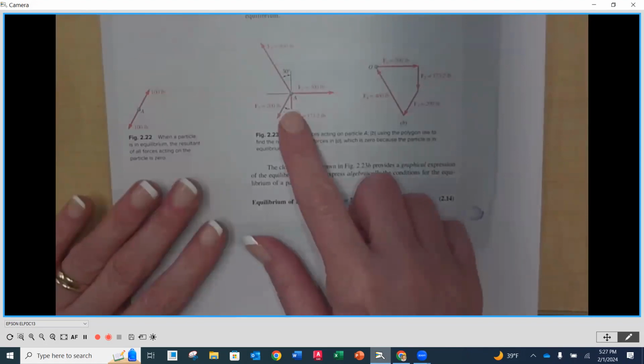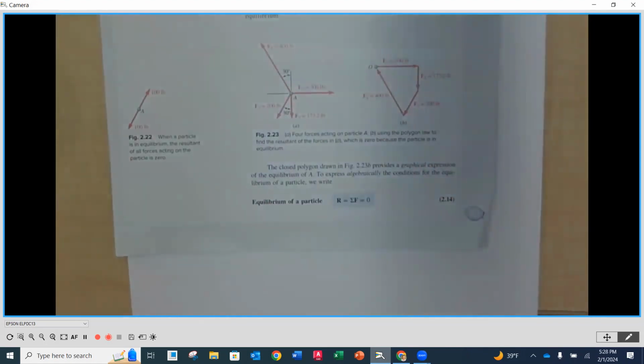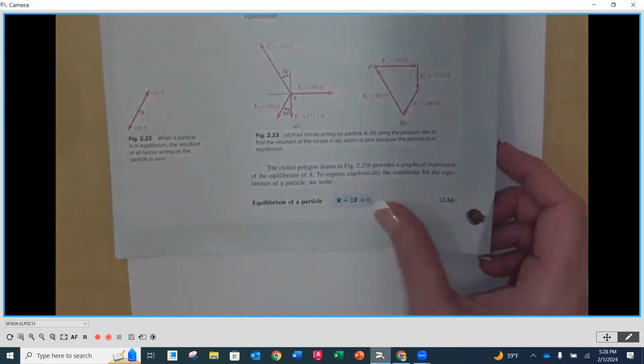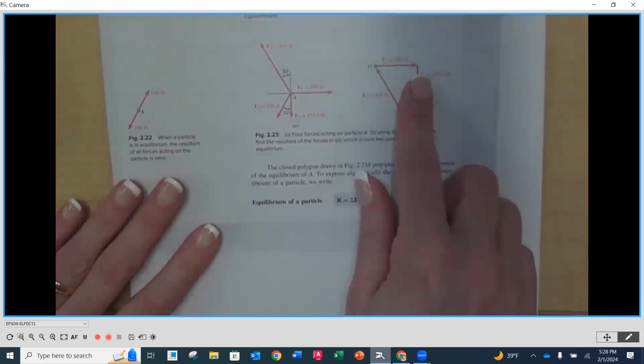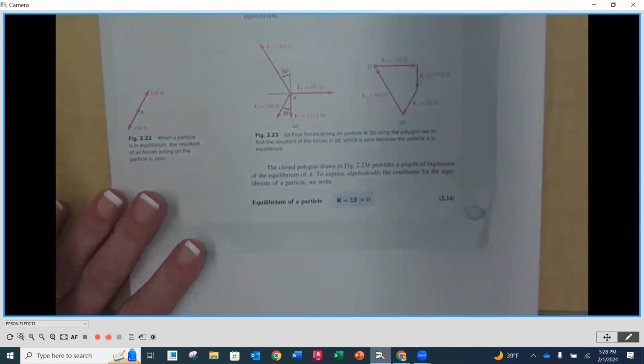Anything that is not on the X or Y axis, we're going to resolve into their components, and we're going to add and subtract in those X and Y directions to help us with this process. Okay, so we're going to be using the rectangular component method only. All right, so we're not going to add forces like this. You can, but then I'd have you pulling up AutoCAD and drawing everything to scale and all that kind of stuff.